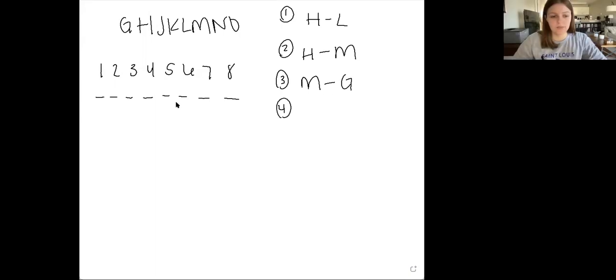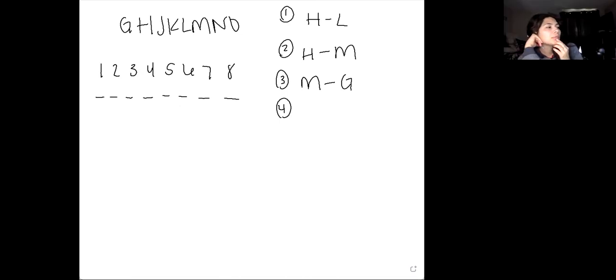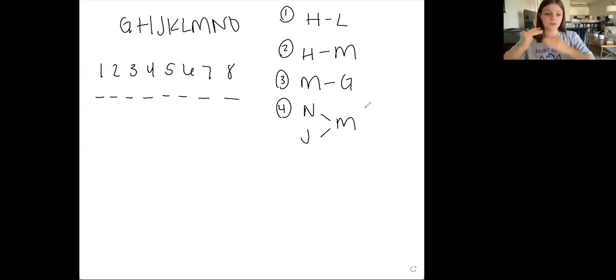Next one, both N and J are delivered earlier than M. So N and then J at the bottom, and like the 2 dashes for M. Yeah, because we don't care who goes first with N and J, as long as they're both before M. 5th rule, K is delivered earlier than O. K-O.